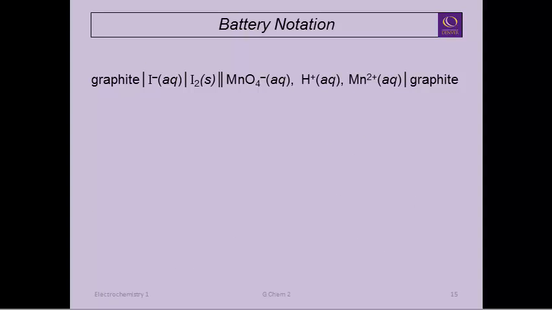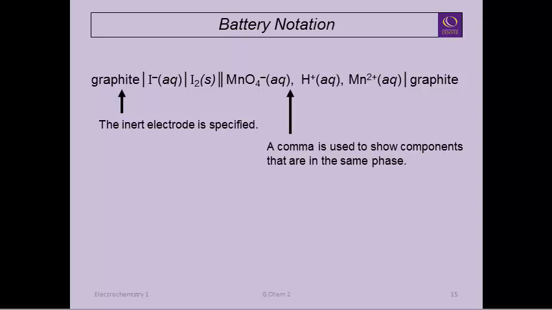So now we'll go and do this second battery that was set up with inactive electrodes, where remember we had graphite electrodes in both sides. So the inert electrode is also specified. It happens to be a different state than the two electroactive species, so once again a single line separates them. Now it's interesting though that permanganate ion and the H+, which were both part of the reaction, are all in the same state.